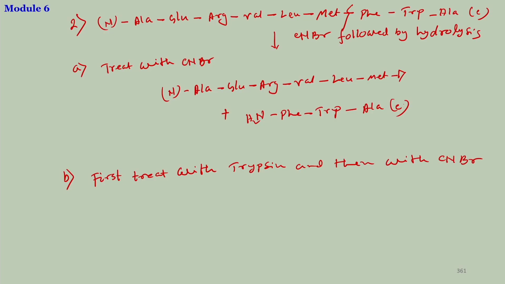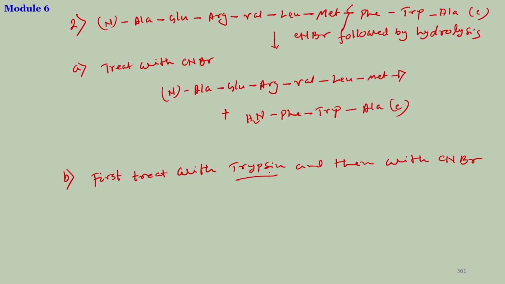So, it is a combination of treatment with enzyme as well as the chemical reagent. You are treating both with trypsin and with CNBr. Then what are the fragments that you can expect? This, of course, with the expectation that they will not interfere into each other's business.